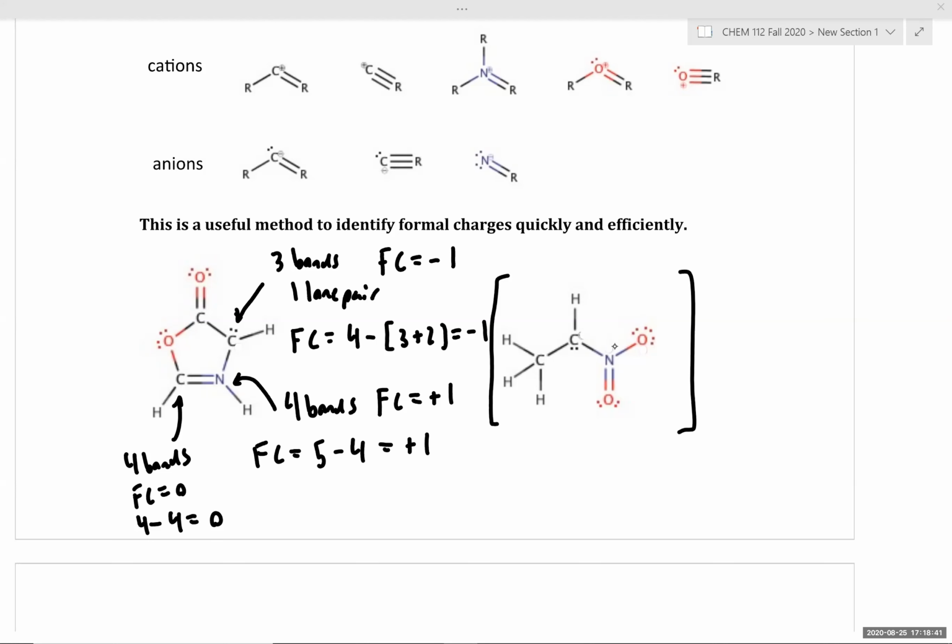The formal charge assignments I see look great so far. Let's try to get a few more responses in the chat, and we'll discuss in about another minute.